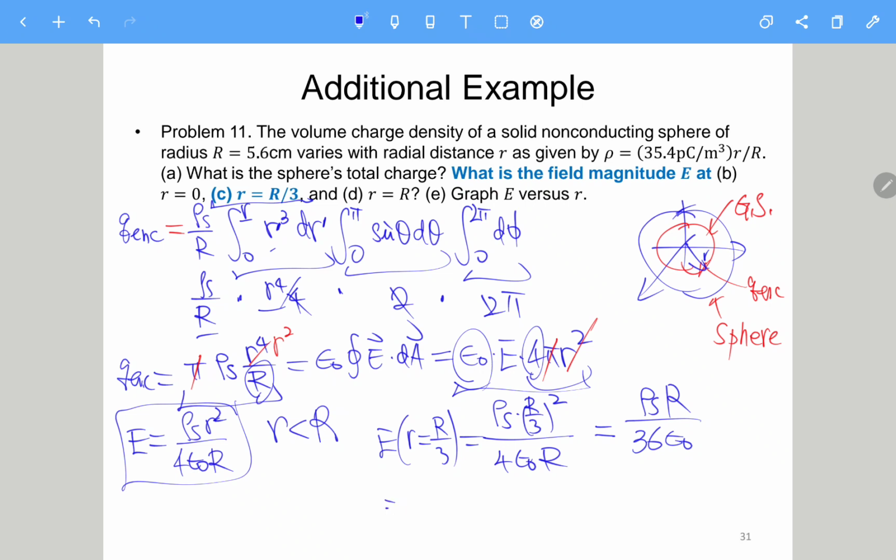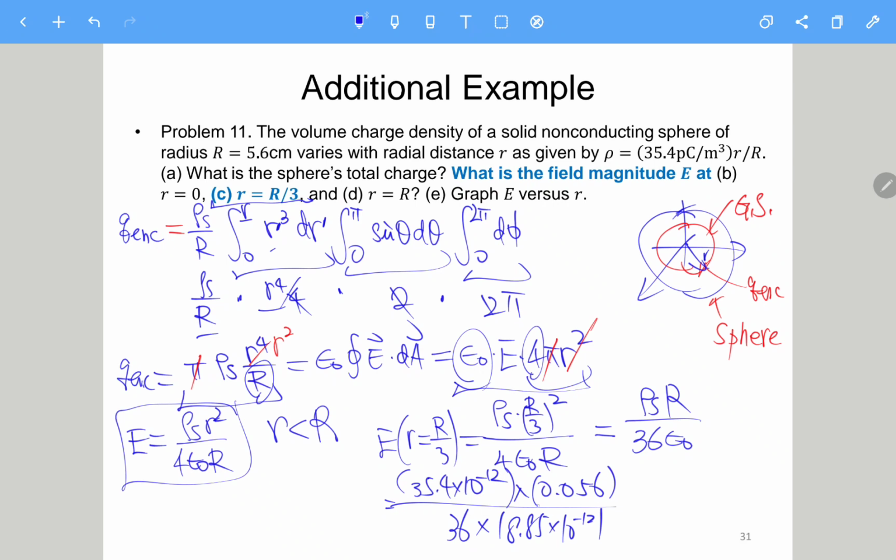And then we can plug in the number. Rho S is still 35.4 times 10 to negative 12, and then R is 5.6 centimeters, 0.056, over 36 times epsilon naught, 8.85 times 10 to negative 12.